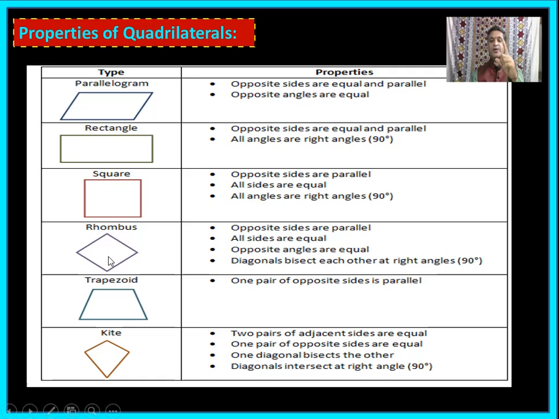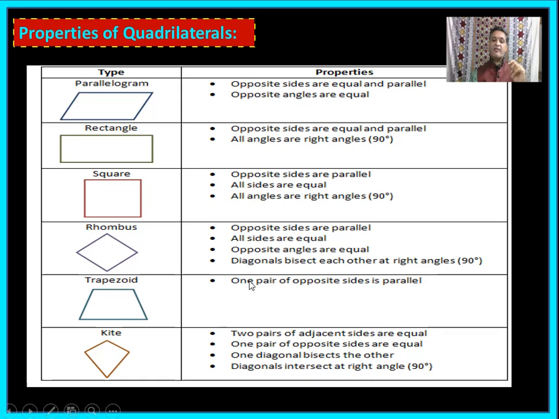If you join opposite vertices, you get a diagonal. This is a diagonal, this is a diagonal. These two diagonals perpendicularly bisect each other; the angle between them is 90 degrees.